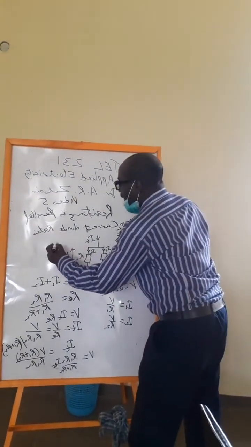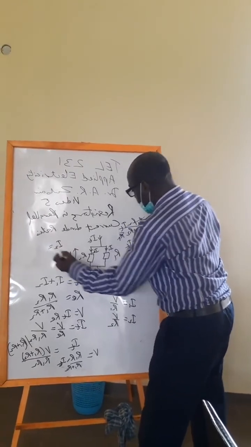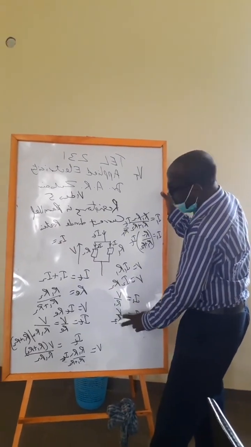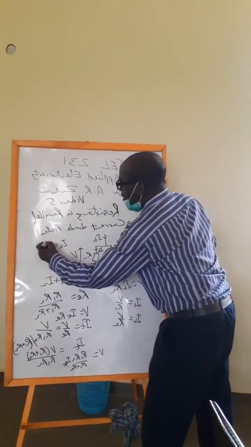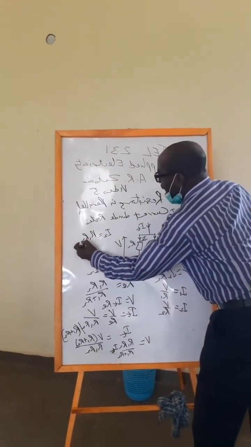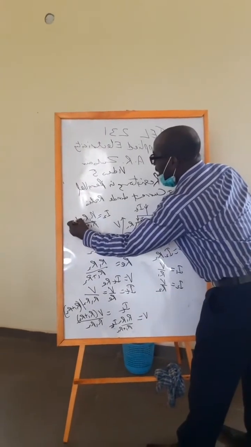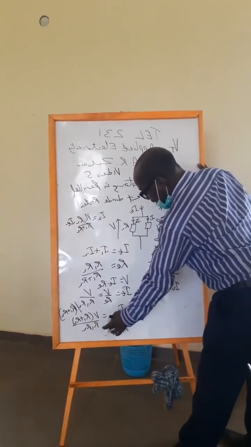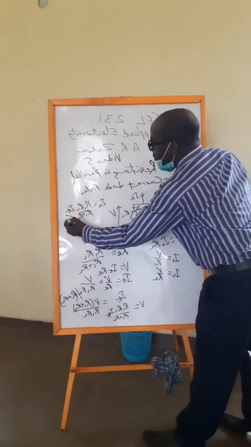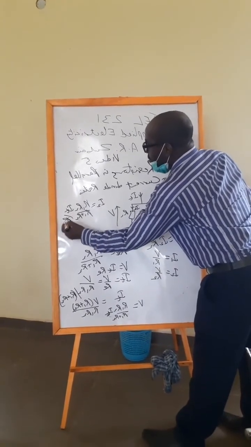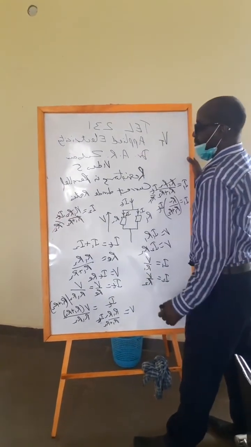For I2, it is going to be V over R2. V is what? R1 R2 over R1 plus R2 times IT, divided by R2. So R2 will cancel R2.